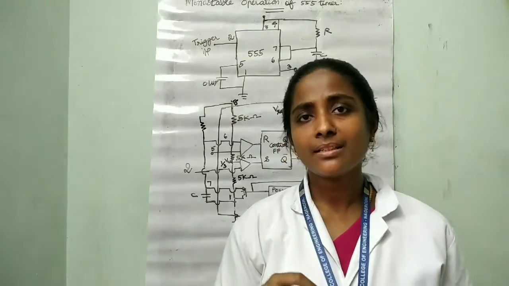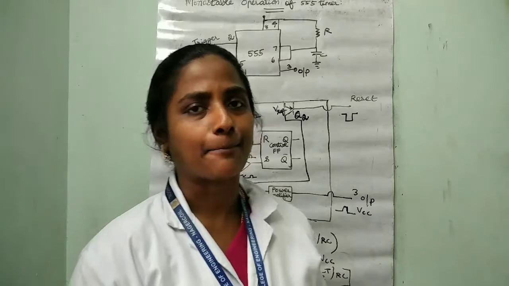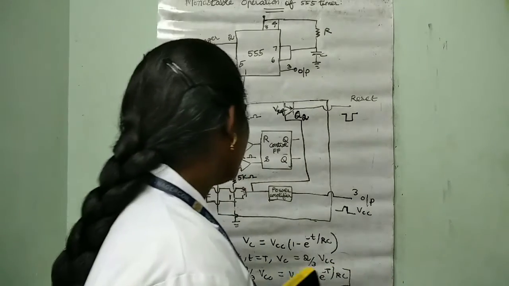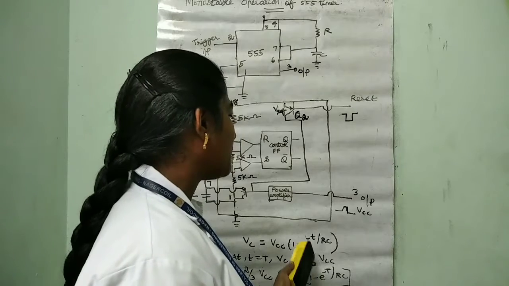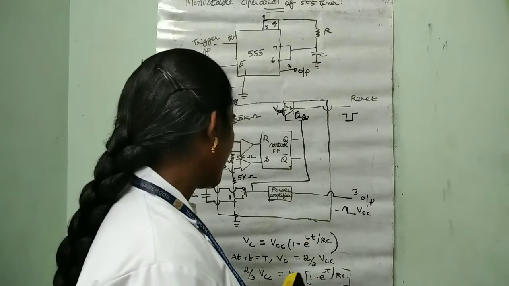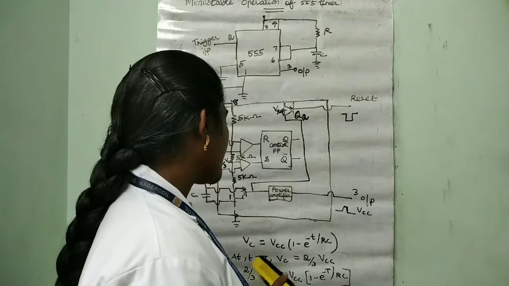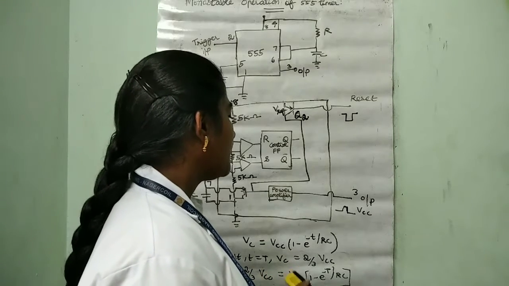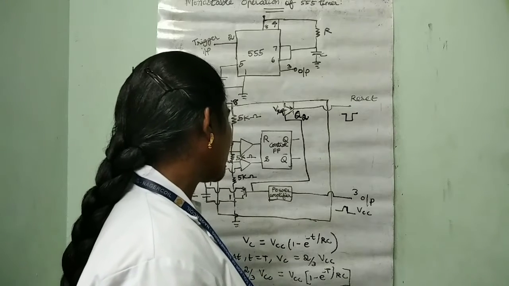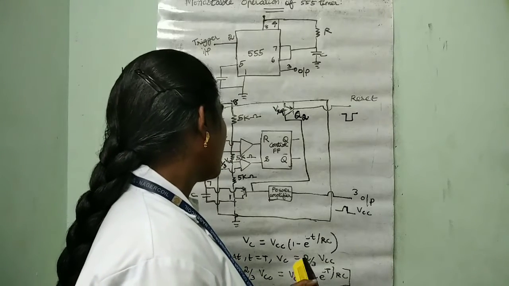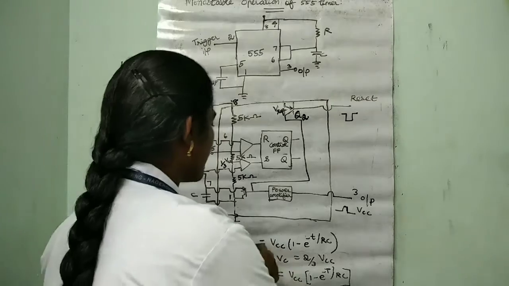Now the voltage across the capacitor is given by Vc equal to VCC into 1 minus e power minus t divided by RC, and at time t equal to capital T, we have Vc equal to 2 by 3 VCC. Now we substitute the value of 2 by 3 VCC in this equation.